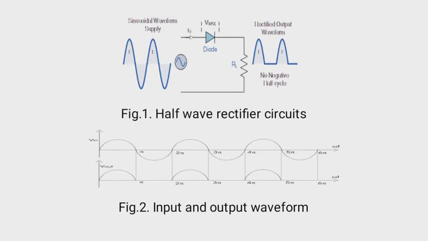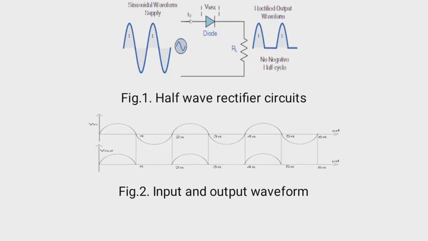But when the polarity changes and the negative polarity comes, suppose in this diagram the pi to 2 pi region, the upper side of the circuit changes its polarity, that means it will be negative, and the lower side will be positive.